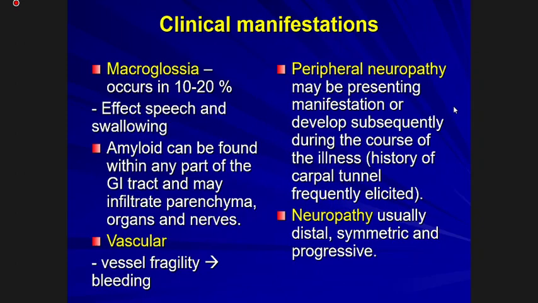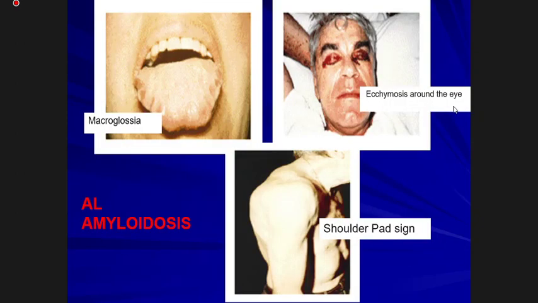Peripheral neuropathy: you can have it because of accumulation in the peripheral nerve. For example, they can come with a history of carpal tunnel syndrome, usually with beta-2 microglobulin, the hemodialysis-associated type. So usually it's distal, systemic, and progressive.